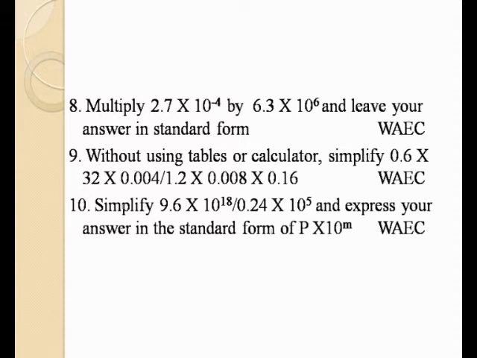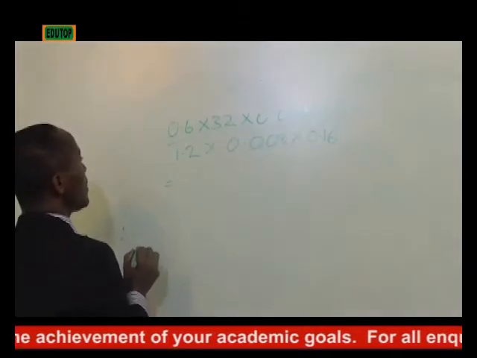Simplify 0.6 times 32 times 0.004 all over 1.2 times 0.008 times 0.16.